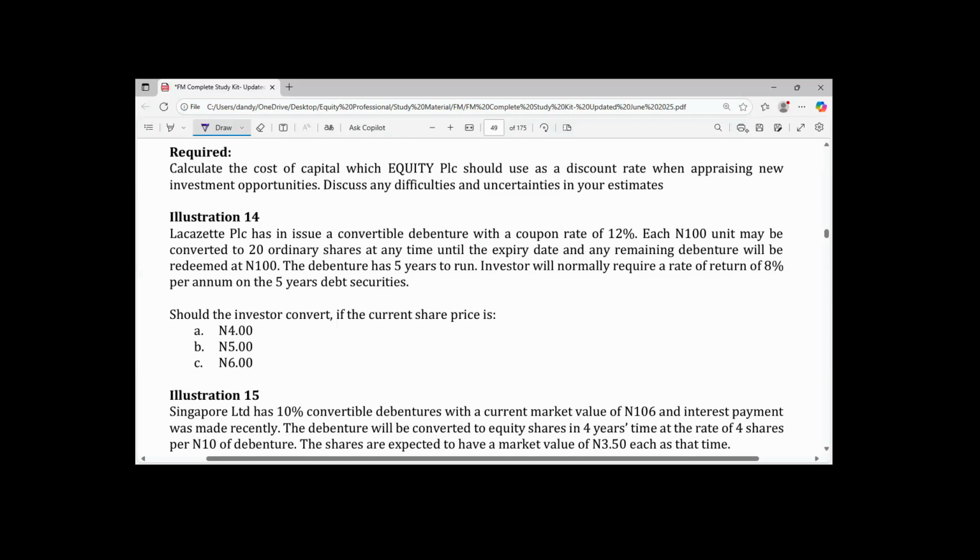So a company wants to be manufacturing equipment. So you are moving from the textile industry to the equipment industry, whatever the industry is. So once there's an indication in the question that a company is moving from one industry to another industry, and you're asked to calculate cost of capital, then that is when you compute project-specific WACC.